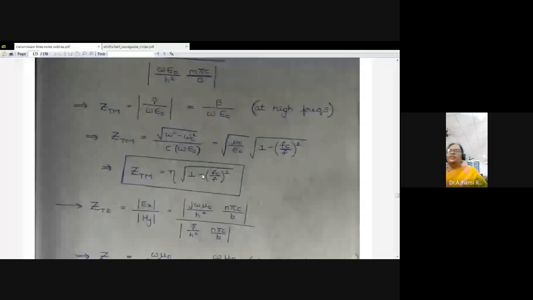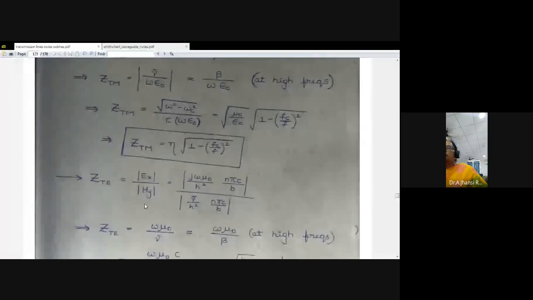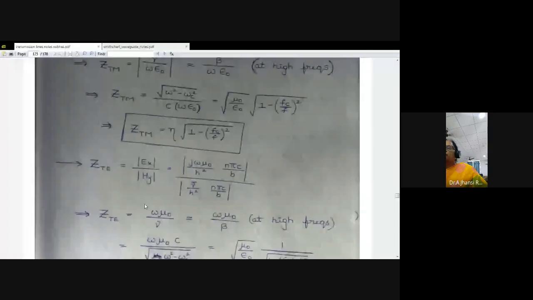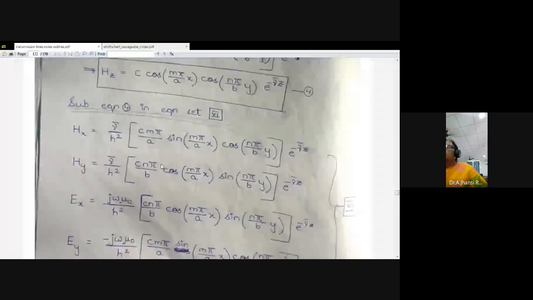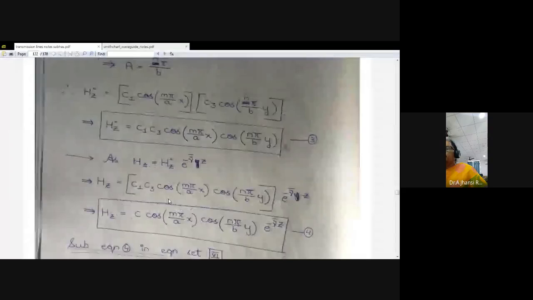Now if you take the TE mode, in the same manner for the transverse electric waves, again Ex by Hy, if you take the magnitudes of the electric field, j omega mu naught by H square. Now if you see the expression Ex for the TE mode, if you take only the magnitude, it is j omega mu naught Cn pi by b into H square.